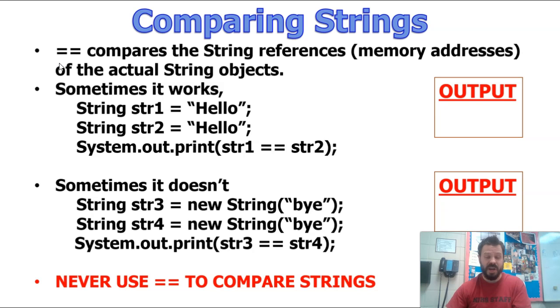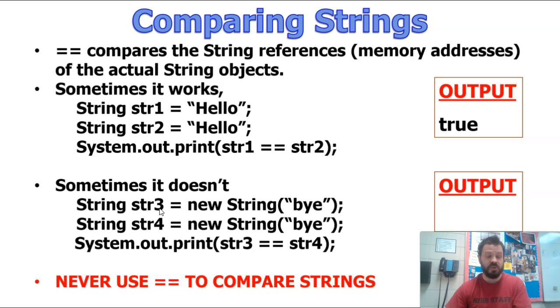Sometimes it will compare the actual strings. So if I go String str1 = "hello" and String str2 = "hello", and I compare str1 == str2, that is going to evaluate to true, even though these are two different strings. And sometimes it doesn't work the way we'd want it to work.